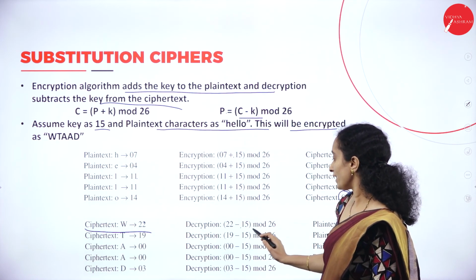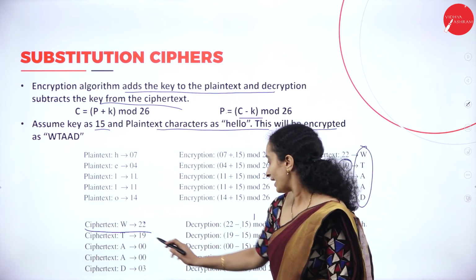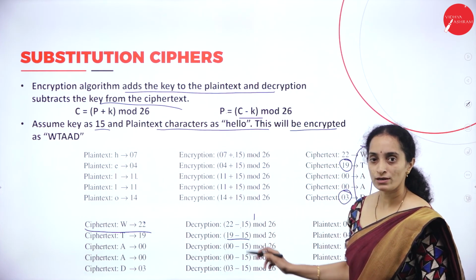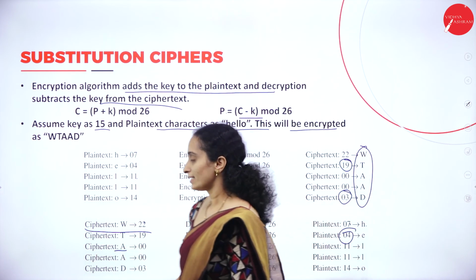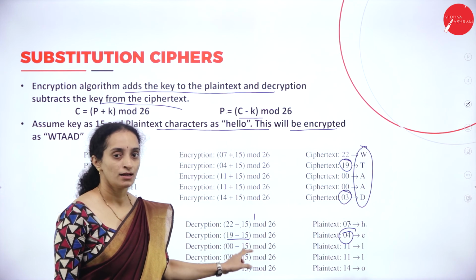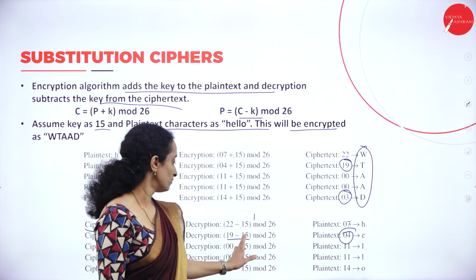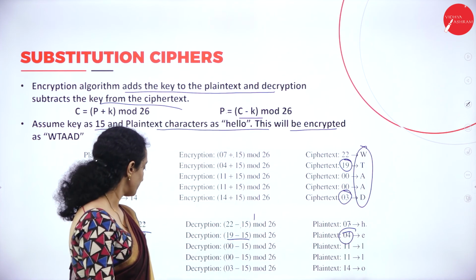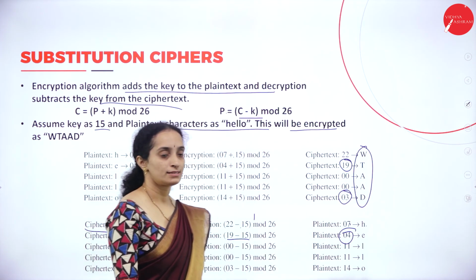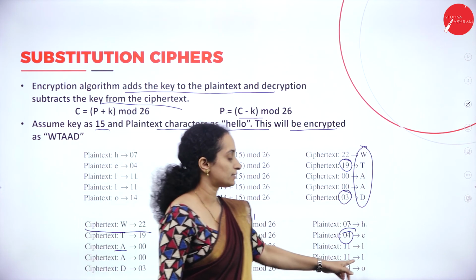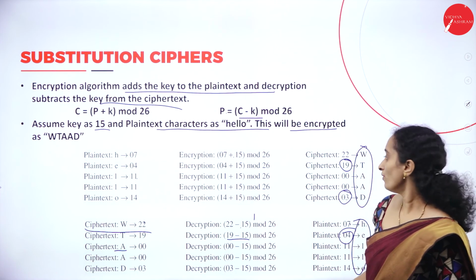C minus K, 22 minus 15 gives you 7, mod 26 gives you H. 19 minus 15 gives you 4, mod 26 again gives 4, which is the character E. Next, 0 minus 15 gives mod 26 the value 11, which is L. Then, for the same L, the same decryption. 3 minus 15, mod 26, gives the value 14, which is the integer value for O. So it decrypts to HELLO, which is the plain text.